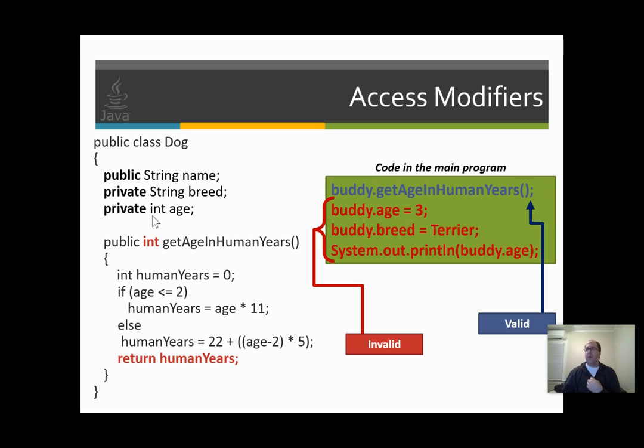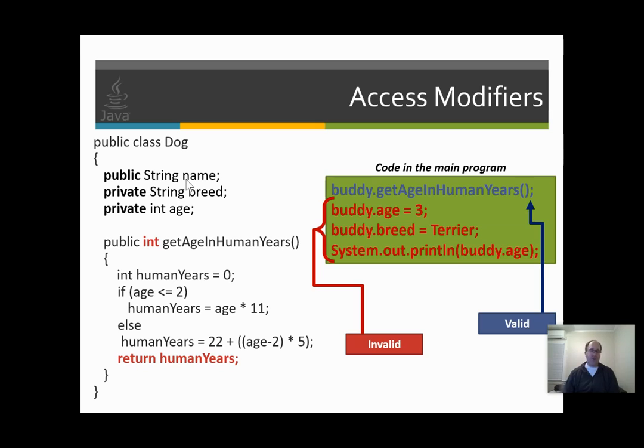So this is actually a good security thing. We like the fact that we get to control, as the programmer, who has access to the data in our program. And if I want to give someone access to the data, I will make sure they only have access to what I want them to have access to. If you think about it in terms of objects representing real world things, for a dog, is it possible that you could go in there and change the dog's name? Sure. Your little cousin named your dog Buddy, and you hate that name.